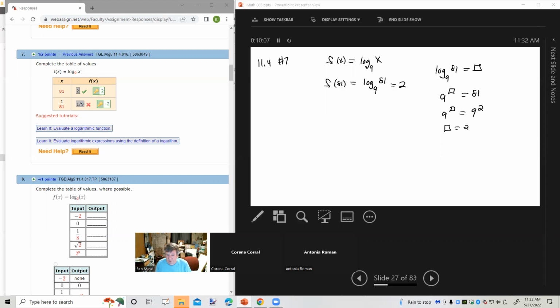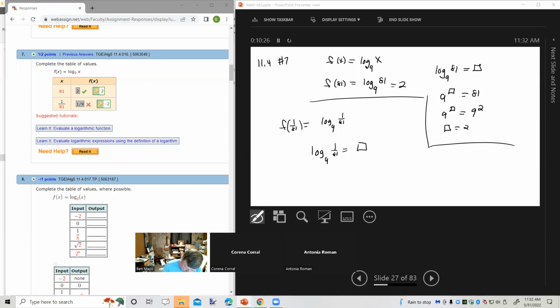Okay, any questions about that example? Now let's take a look at the second part, which says f of 1 over 81, which would be log base 9 of 1 over 81. And log base 9 of 1 over 81 equals box.